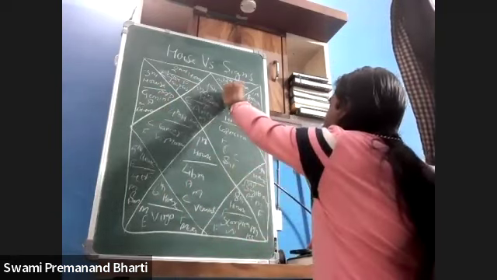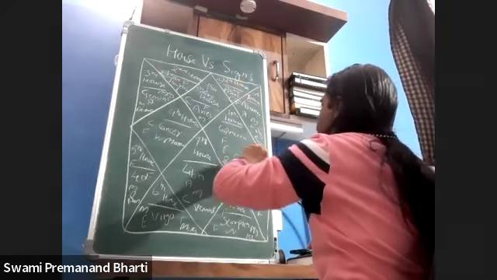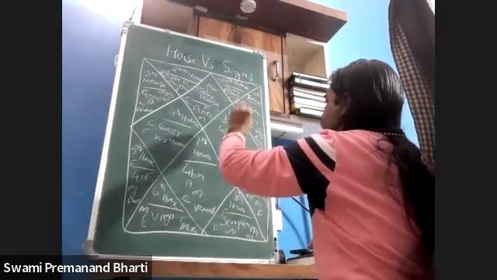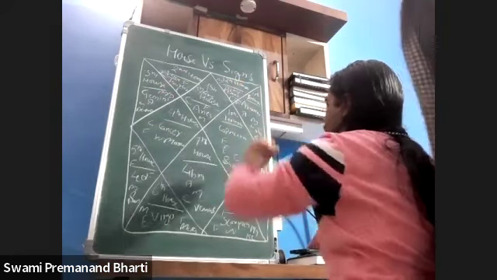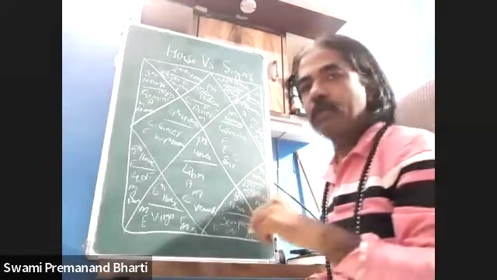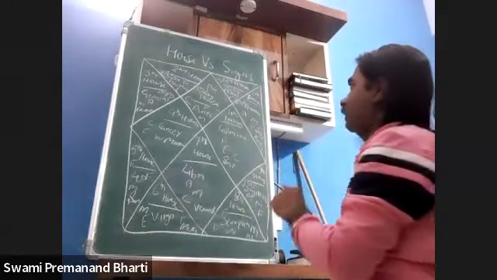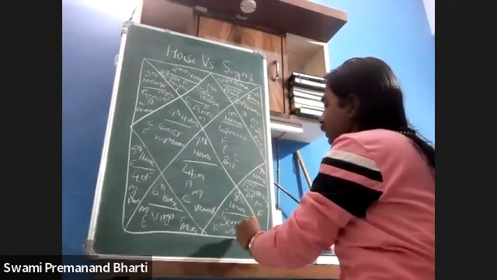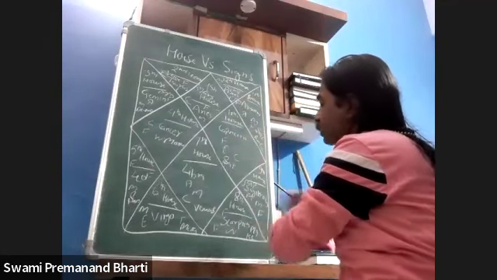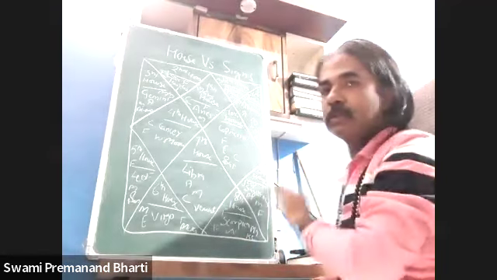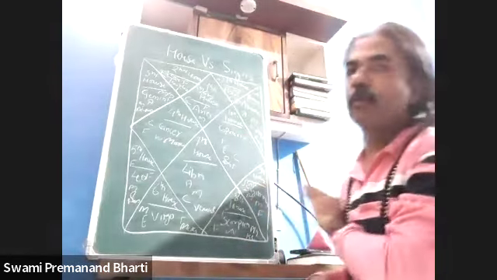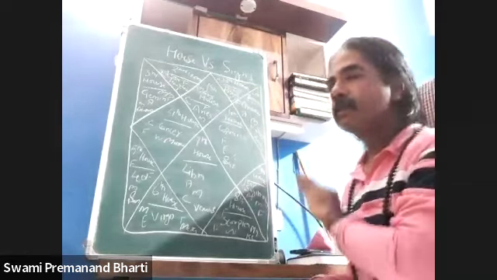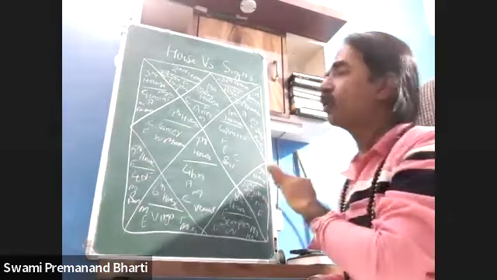Jupiter rules over Sagittarius and Pisces, and Saturn rules over Capricorn and Aquarius. Rahu and Ketu rule over one sign each also. Rahu co-rules Aquarius along with Saturn, and Ketu co-rules Scorpio along with Mars. This is their lordship.